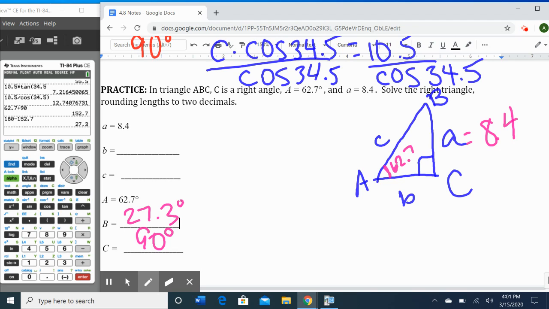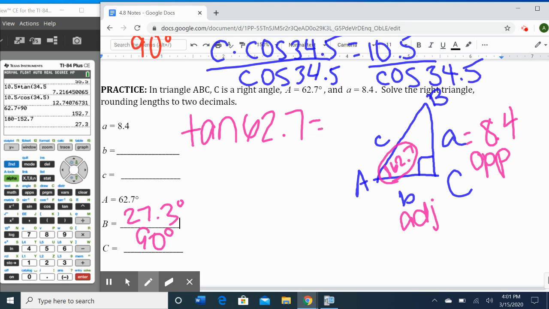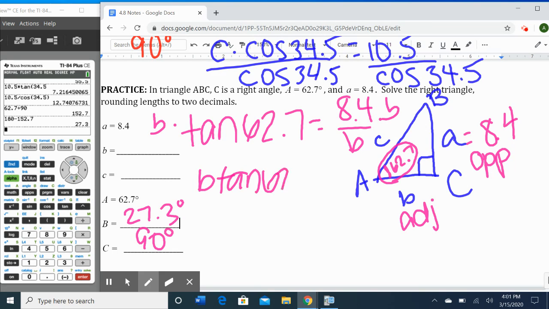Okay, so using the angle that they give me, which is 62.7, I'm given opposite and I need to find adjacent to find side B. So I would say tangent of 62.7 is equal to 8.4 over B. When I multiply both sides by B, I get B times tangent of 62.7 is equal to 8.4.